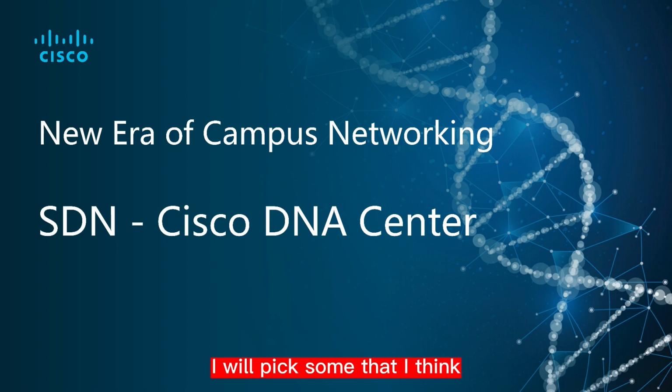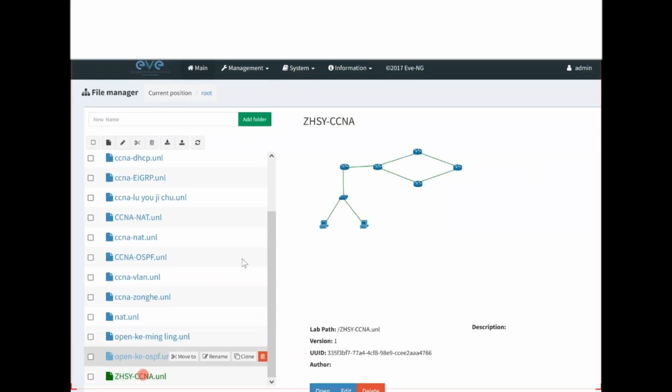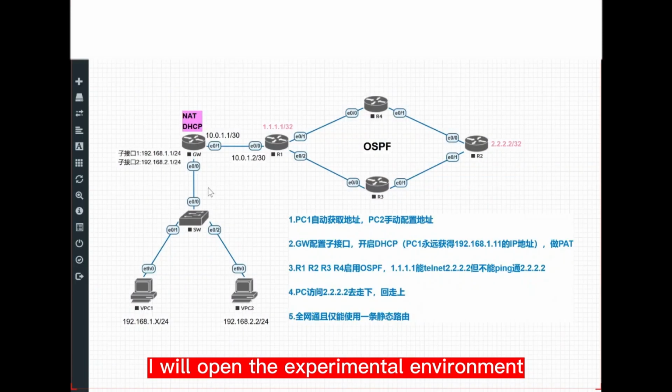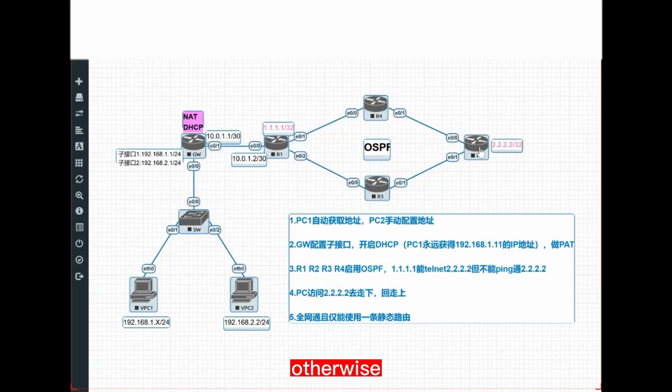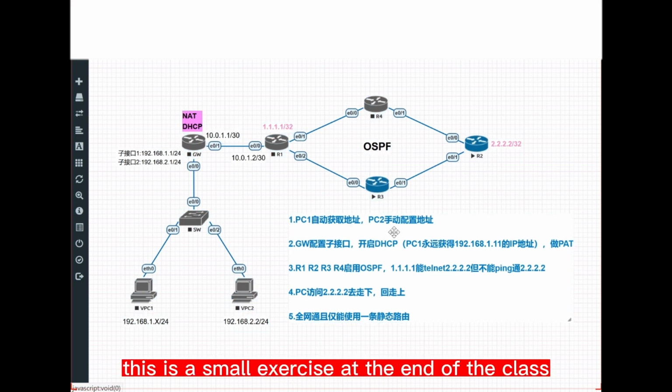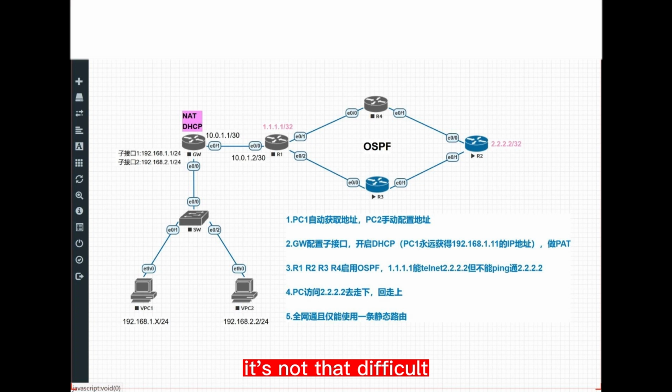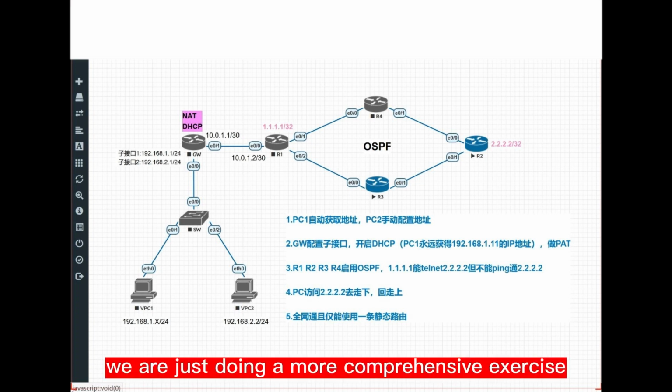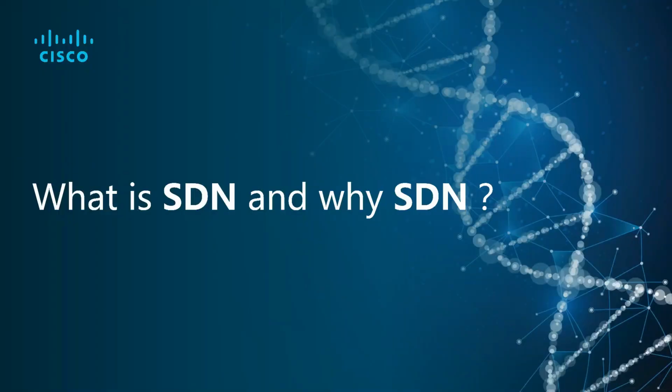I will pick some that I think everyone can accept at this stage. Before I talk, I will open the experimental environment, otherwise the devices will start too slowly. This is a small exercise at the end of the class. It's not that difficult; we are just doing a more comprehensive exercise.